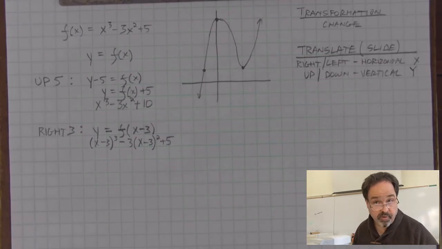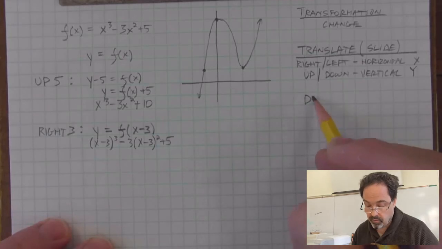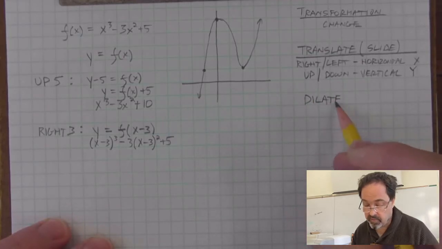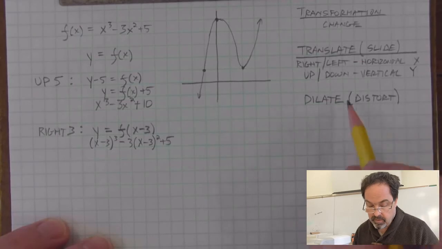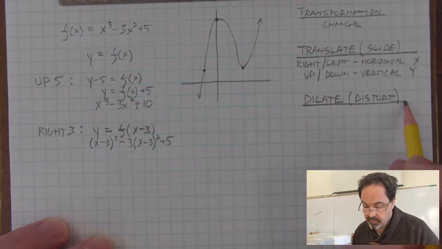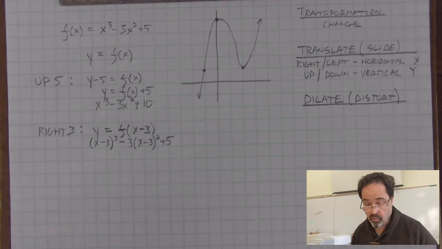There are other types of transformations. We can call the family of transformations that distort a dilation. Dilations can be done vertically and horizontally, and we can distort by compressing distances or stretching them.